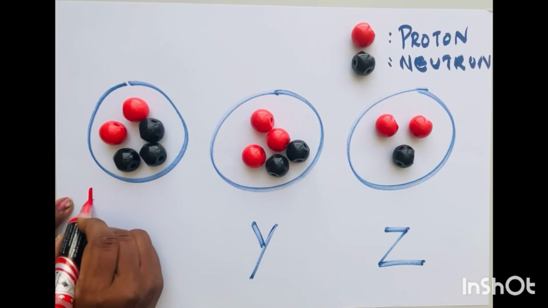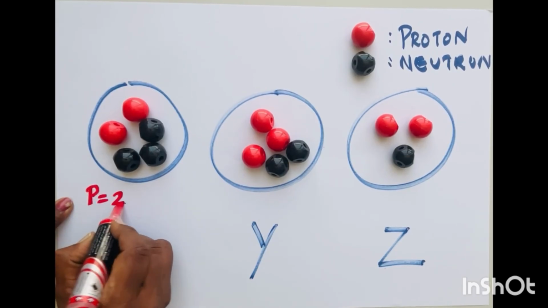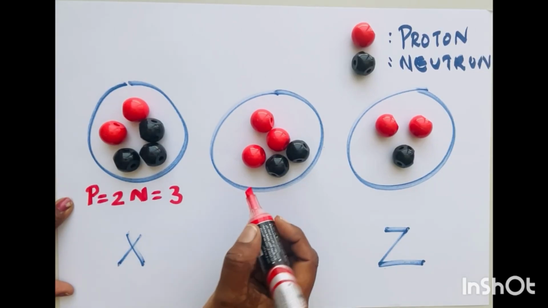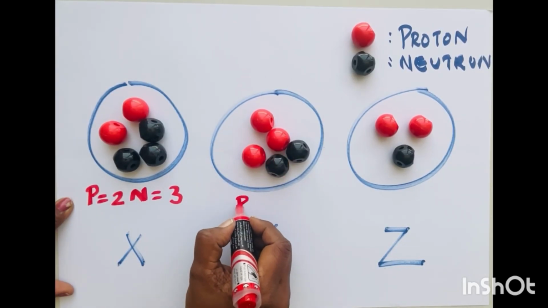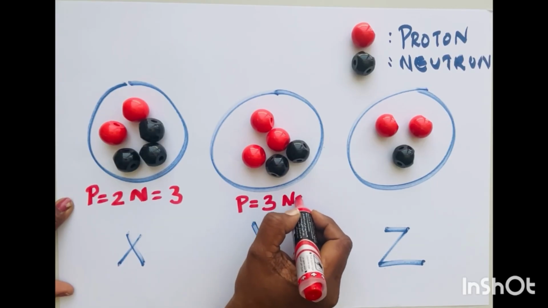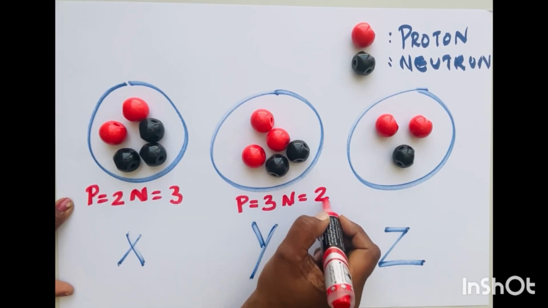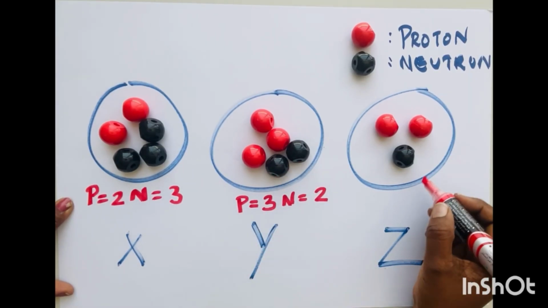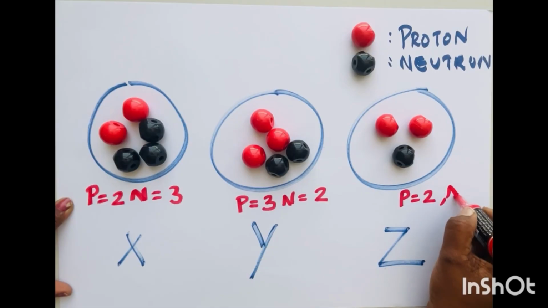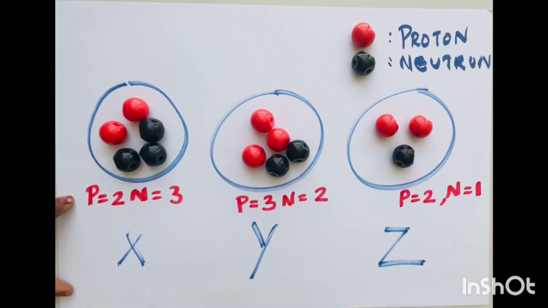There are 2 protons and 3 neutrons. In the second case, you can see there are 3 protons and 2 neutrons. In the third case, there are 2 protons and 1 neutron.